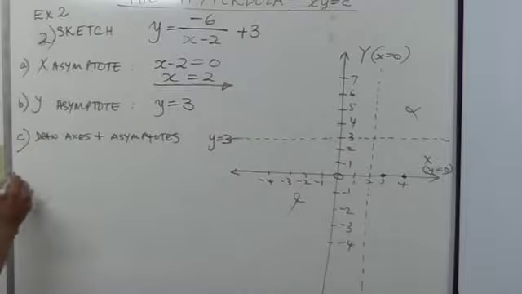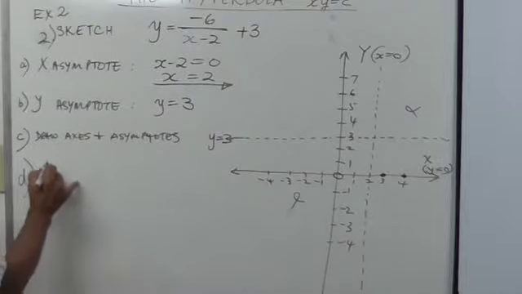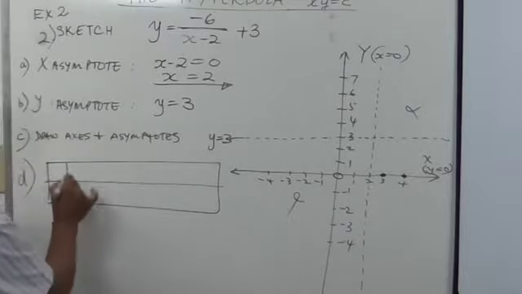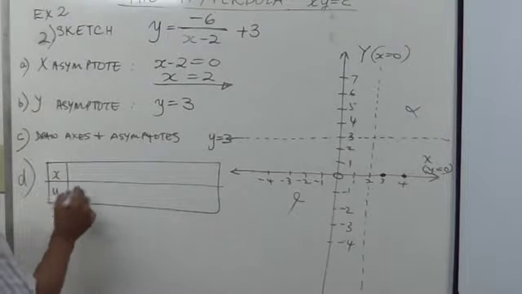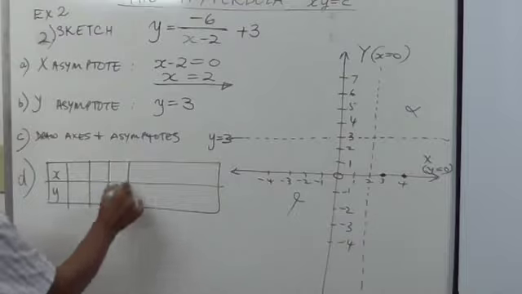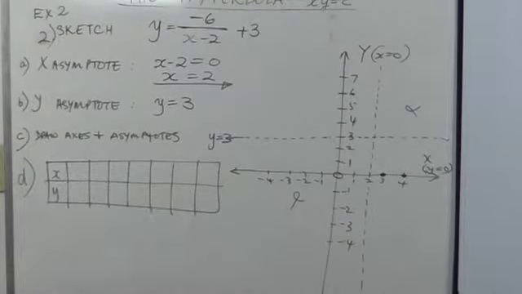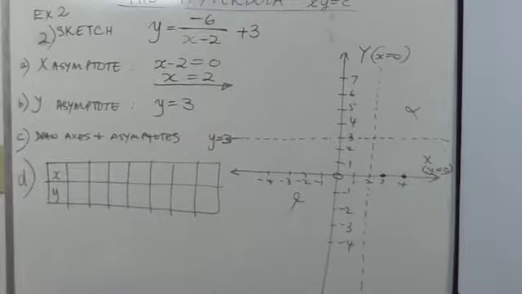Alright, so we are now ready to calculate the ordered pairs. We can't draw the ordered pairs, we need to calculate the ordered pairs. Right, so let's see what we're going to take.